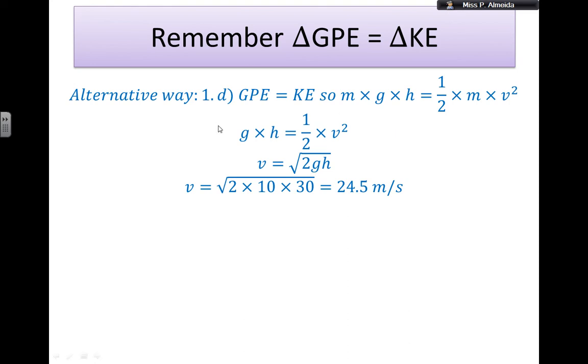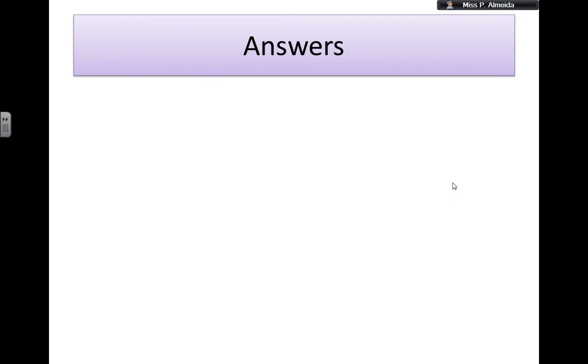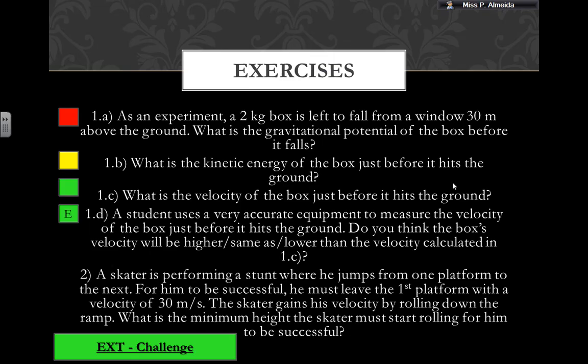So I get gravity times height equals 1/2 times the velocity squared. So velocity equals the square root of 2 times the gravity times height, which is 2 times 10 times 30, 24.5 meters per second. It gave me exactly the same answer. Okay, so you can do it several ways.